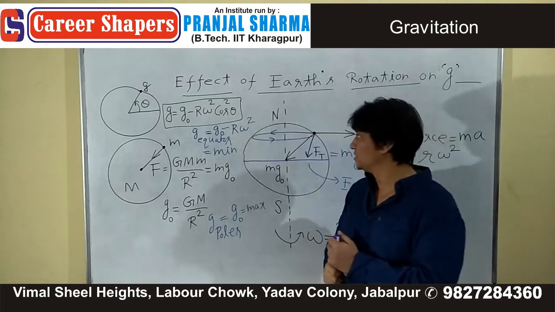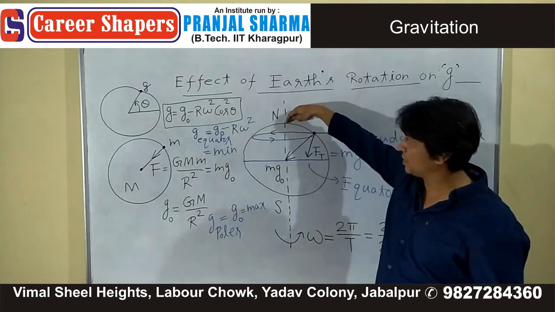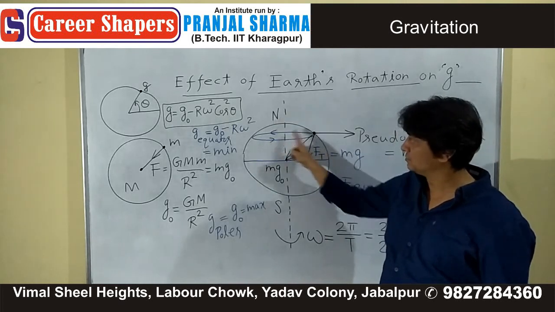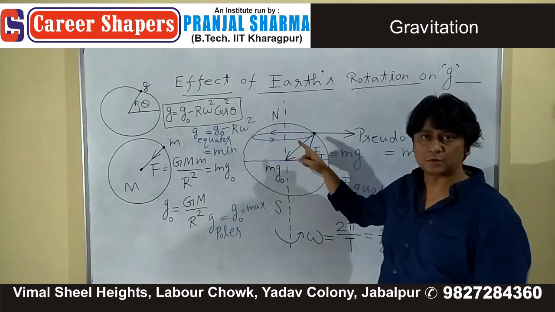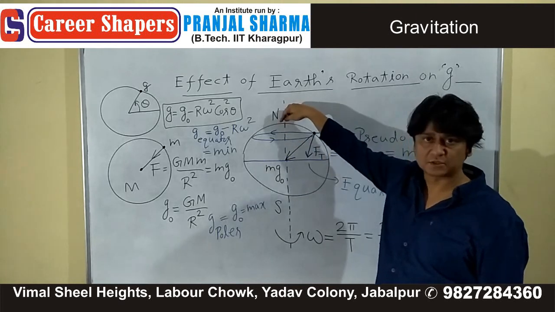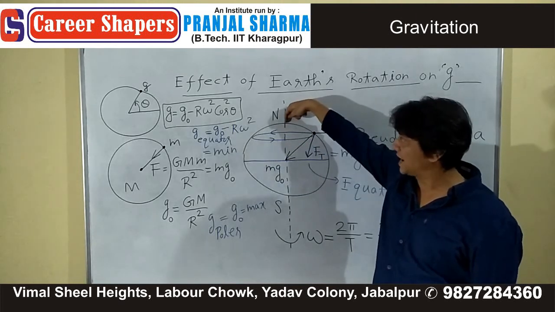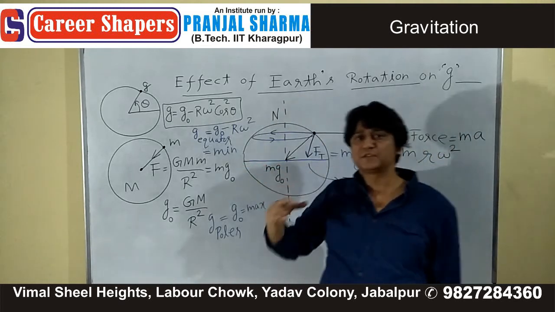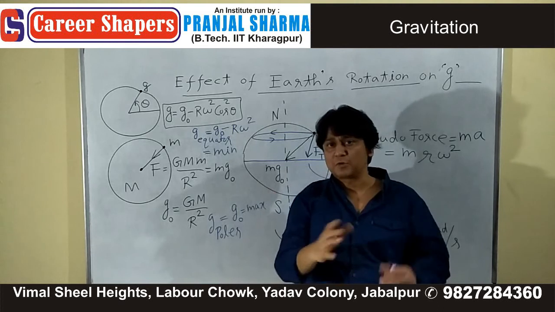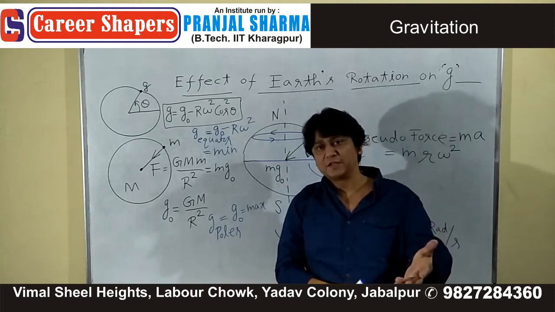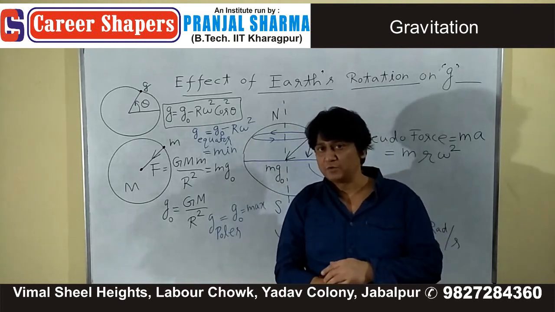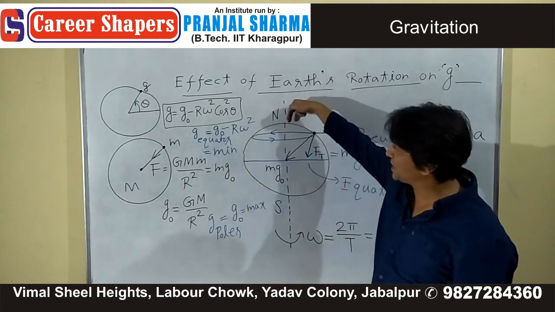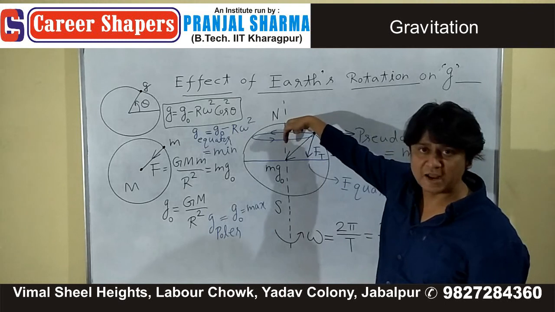You can understand it in this form. When you are at the North Pole, this circle is almost gone because you are on the axis itself. If you are standing on the axis, you are not describing any circle, which means there is no centripetal force. If there is no centripetal force, whatever you experience is mg naught.